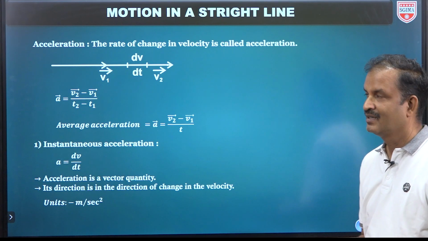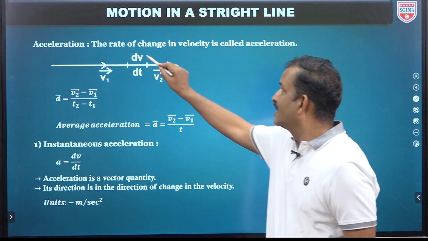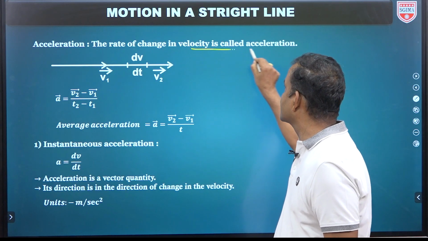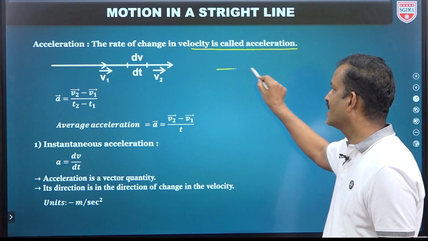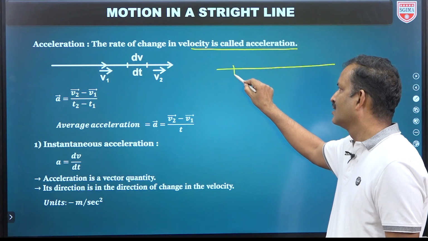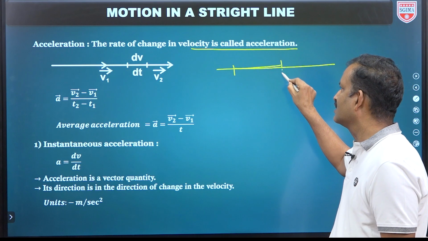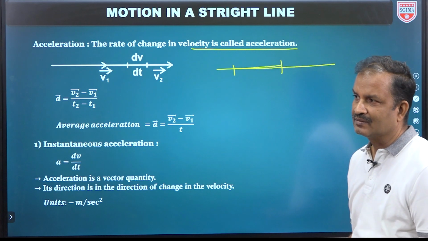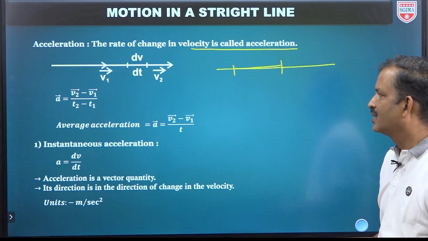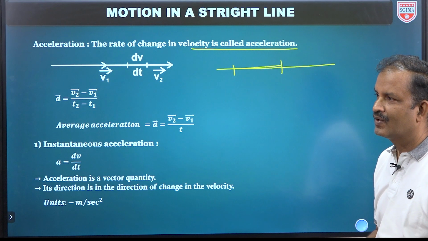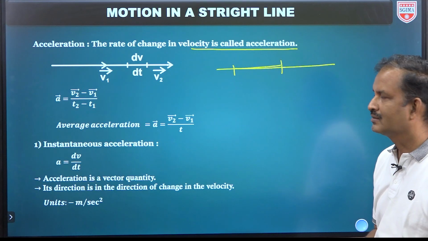Acceleration. The rate of change in velocity is called acceleration. You know that when you are going in a car, you are increasing the speed or you can decrease the speed. Speed is gradually increasing if your accelerator is on.